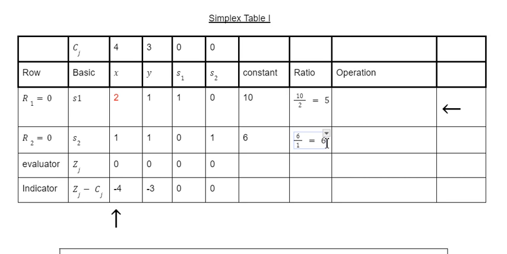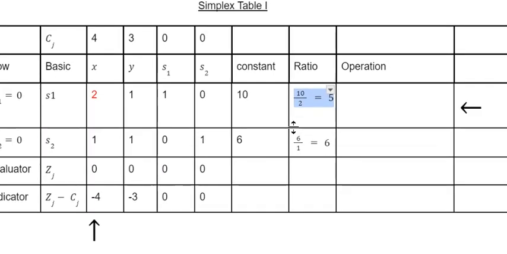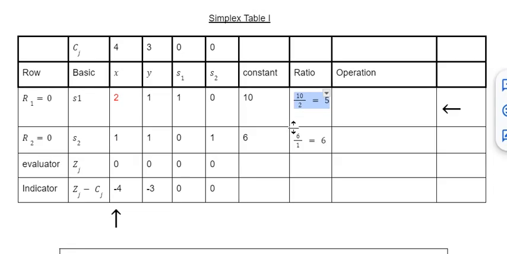Then we have to determine the pivot element. How could we determine the pivot element? It is the row which has the least ratio. 5 is less than 6, so this row is the key row, and this is the key column.